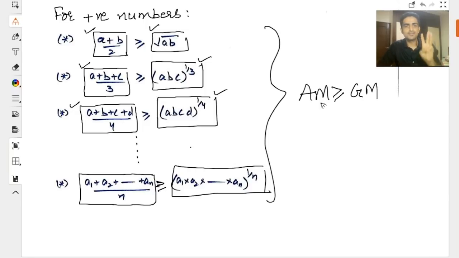Let me tell you, there are 3 very evident hints which, if present in your question, mean you have to use this relation. Let me tell you those 3 hints. Then I'll come back to this page and tell you one more thing.